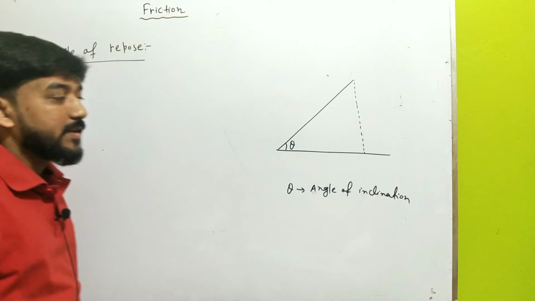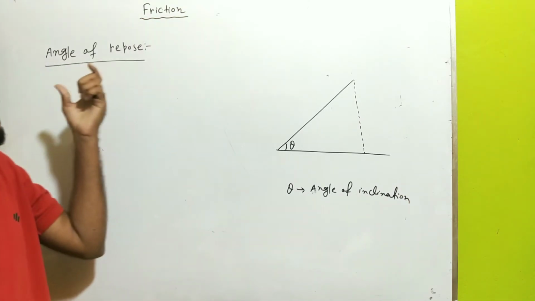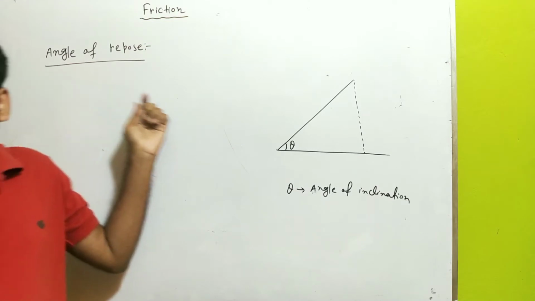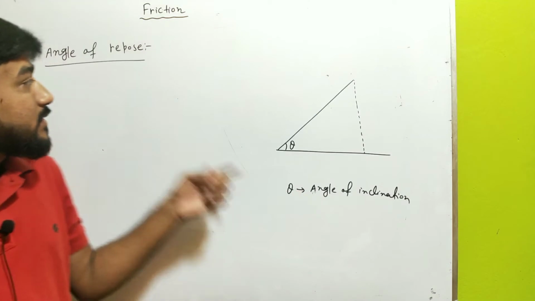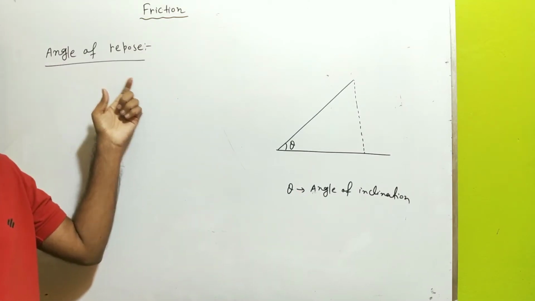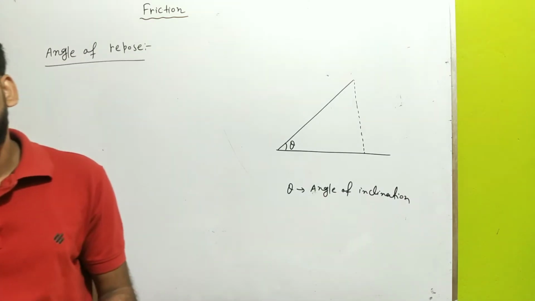But the problem is that sometimes students get confused between this angle of inclination and the angle of repose. They are not equal actually, but you can say that the angle of repose is just a special case of the angle of inclination.